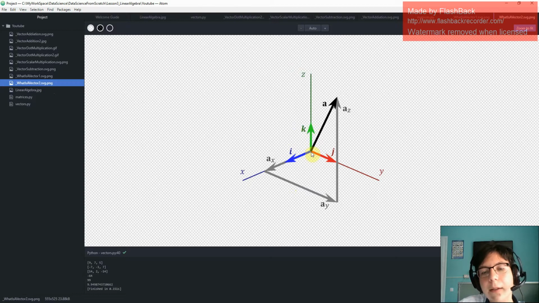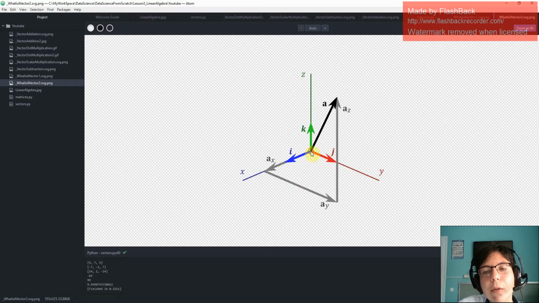So the squared distance between this point and this point will be the sum of the squared distances between the origin and this point, and this point and this point, and then the squared distance between this point and this point will be the squared distance between this and this, and the squared distance between this and this. And if we just sum everything up and then apply the square root, we will get to the same formula.